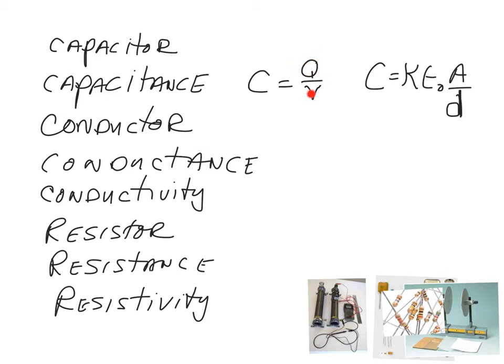If it's 20 nanocoulombs per volt, it's twice as much capacity. So this makes a lot of sense, but the capacitance of the device itself doesn't depend on the charge and the voltage, because if I double the voltage, the charge will double. This is a constant.